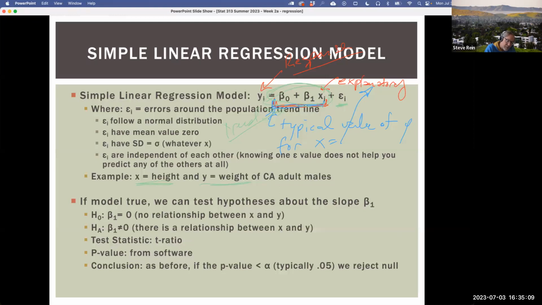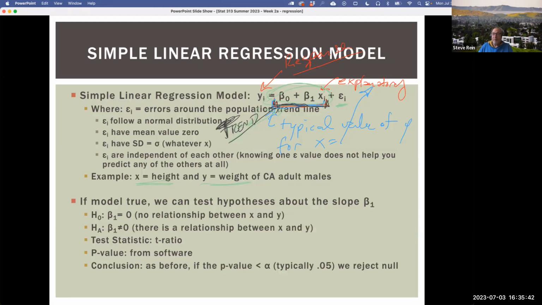If you knew the true real trend between X and Y, and let's emphasize that this is a T, then you know the typical value of Y. And I'm thinking, well, is there a typical height? No, I'm sorry. Is there a typical weight for any given height in California adult males?